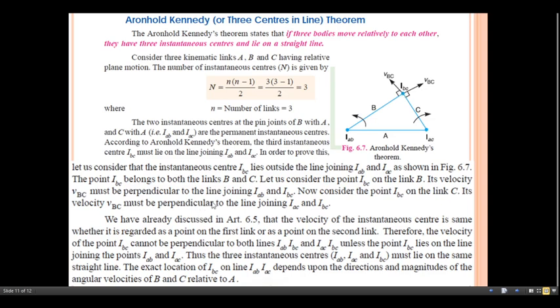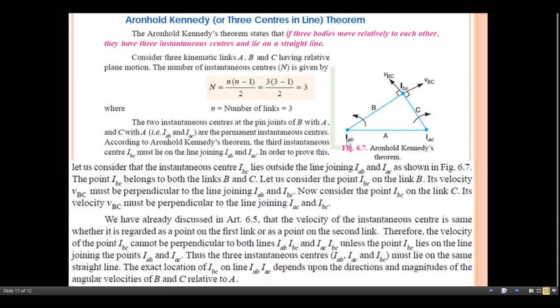I already discussed in the previous article that the velocity of the instantaneous center is the same whether it is regarded as a point on the first link or as a point on the second link. Therefore, the velocity of the point IBC cannot be perpendicular to both the lines.